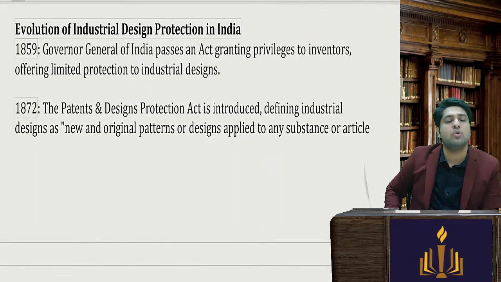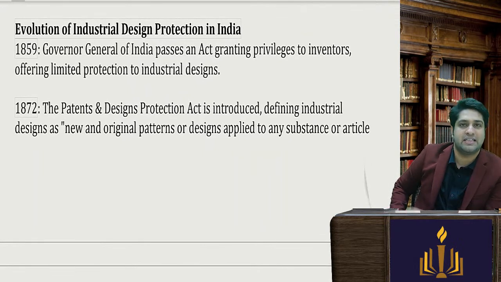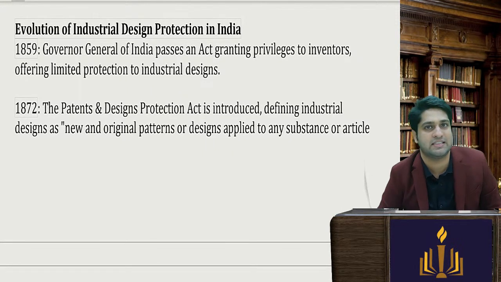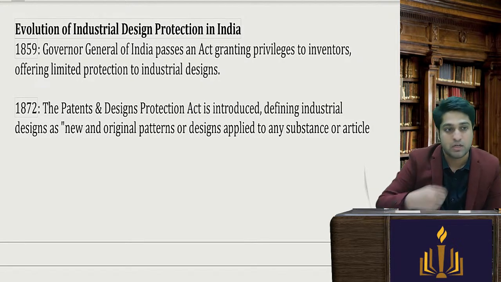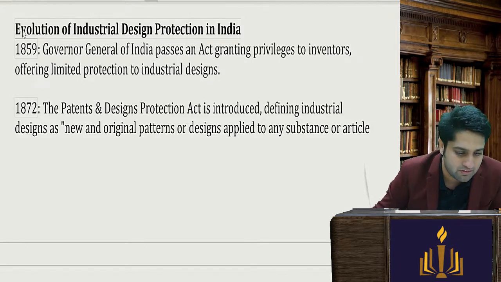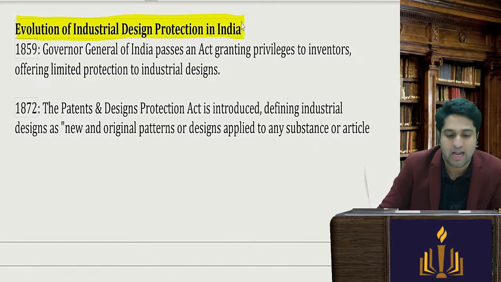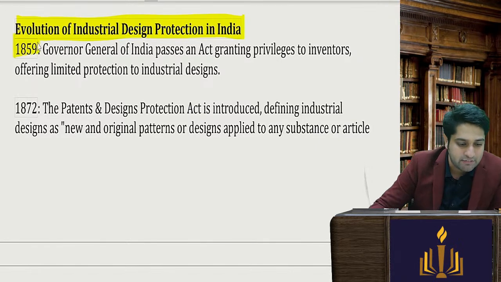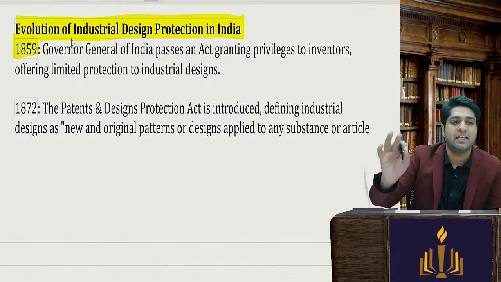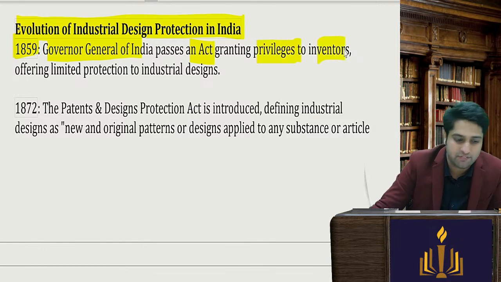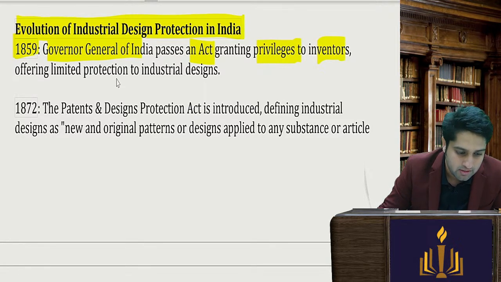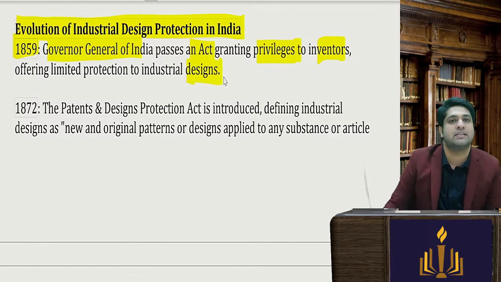Now, we will look at the evolution of the Designs Act. How did the Designs Act come into force and which are the design laws today? It all started in 1859, when the Governor General of India passed an act granting privileges to inventors, offering limited protection to their designs.